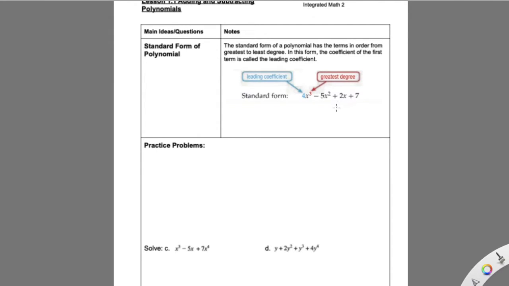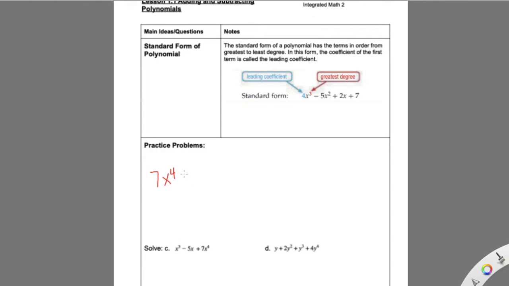If we look at this one down here, we have x cubed minus 5x plus 7x to the 4th power. So 4 is bigger than 3. So we want this 4, and I keep backing up here, but I'm going to go ahead and put it up here so I have more room. We want this to be our first term because this is bigger. And then if I go to the next piece, it would be the cube.